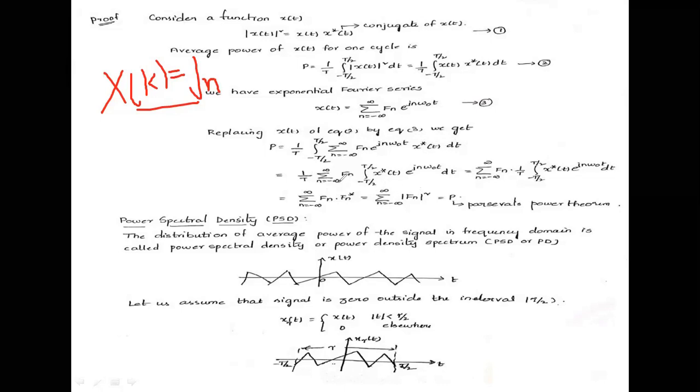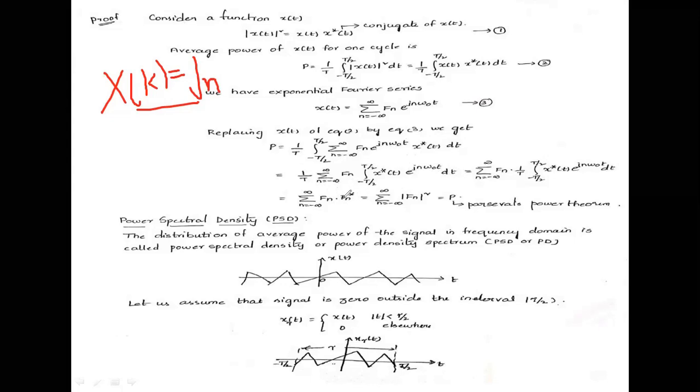Interchanging the summation and the integration, 1 by T, the sum from n equal to minus infinity to infinity of Fn times the integral from minus T by 2 to T by 2 of x star of t e power j n omega naught t dt. Again, this changes to the whole star, and it is a minus, the integral from minus T by 2 to T by 2 of e power minus j n omega naught t dt.